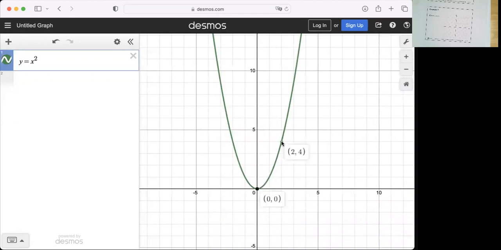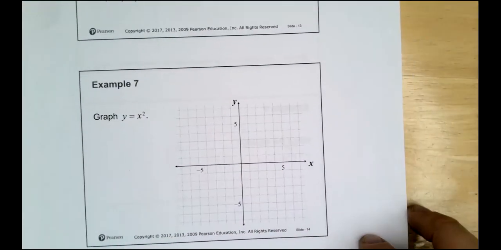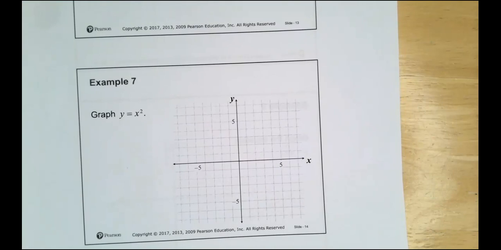If x is 2, y is 4. If x is negative 2, oh, harder to tell. If x is negative 2, y is 4. Good? It shows you what we're doing. Desmos shows you what you're doing. Desmos is available in all the exams. Okay?